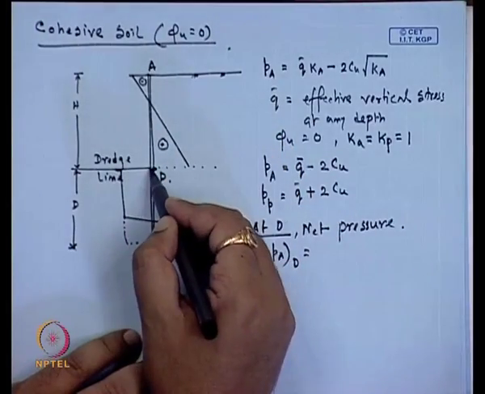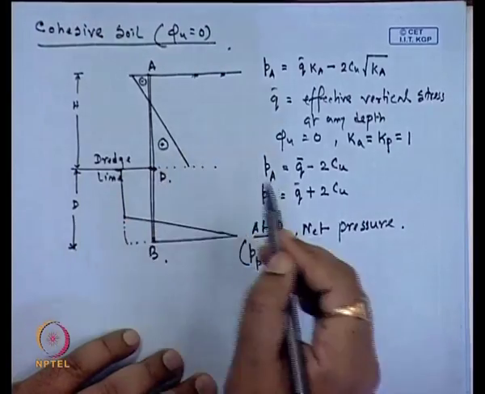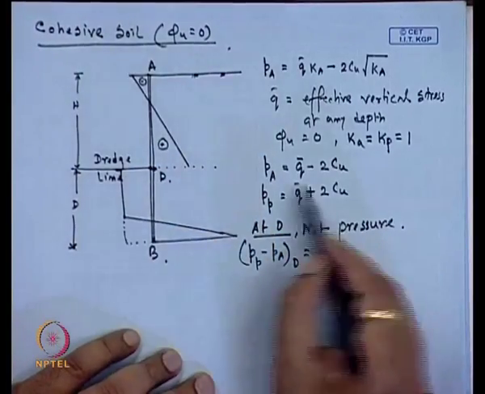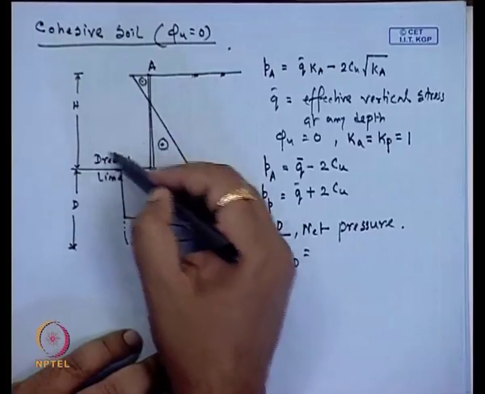But at this point D, if I consider the passive side, Q is 0, because on this side there is no soil.